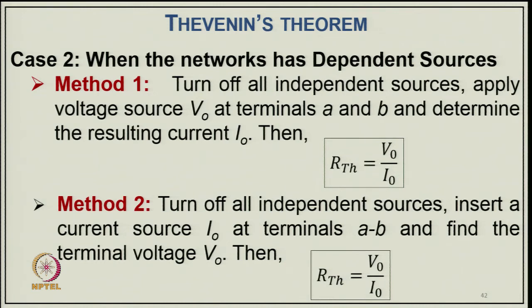Method 1: turn off all the independent sources, apply the voltage source V0 at the terminals A and B, and determine the resulting current I0, then RTH will be V0 upon I0. Method 2: turn off all the independent sources, insert a current source I0 at the terminals A B, and find the terminal voltage V0, then RTH will be V0 upon I0.